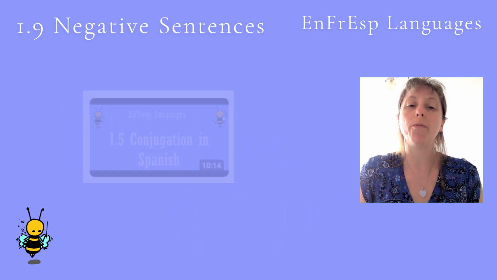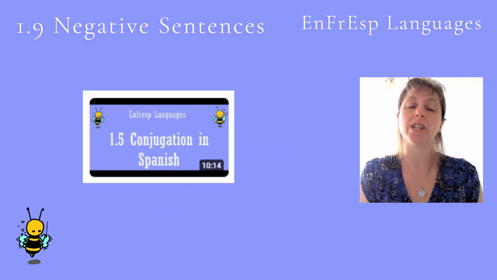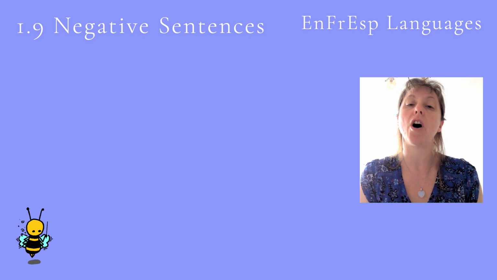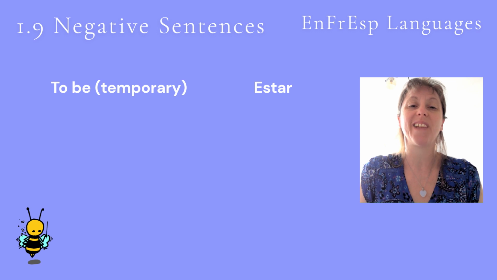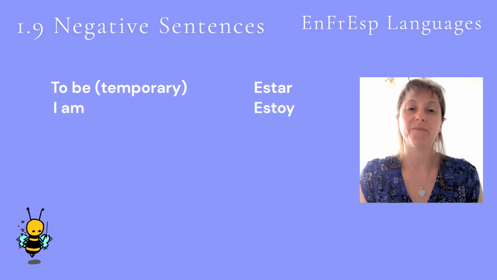In video 1.5, conjugation, we looked at how to conjugate AR verbs, and estar follows that pattern, except for I am. So let's quickly run through the conjugation of estar. I am in Spanish is, Estoy. Let's hear it again.